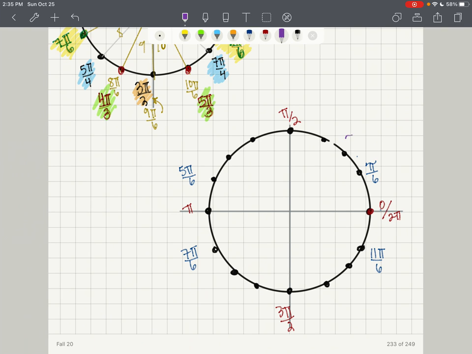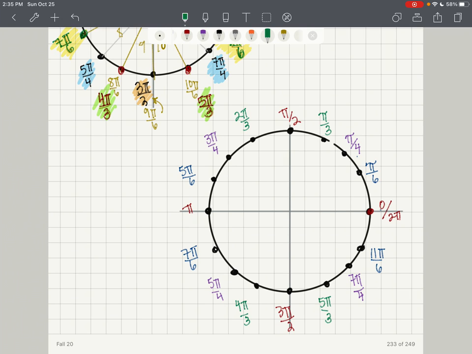Then go to your pi over 4s: 1 pi over 4, 3 pi over 4, 5 pi over 4, and 7 pi over 4. And then your pi over 3s: 1 pi over 3, 2 pi over 3, 4 pi over 3, and 5 pi over 3.